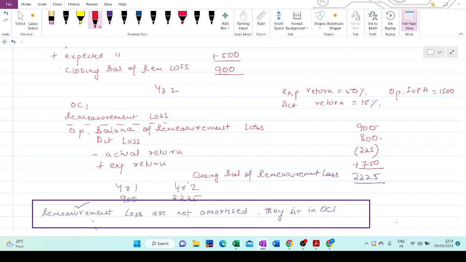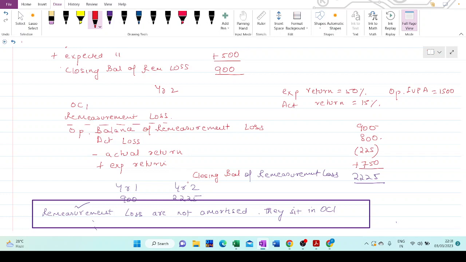So US GAAP says that if actuarial losses are too big, they need to be amortized in the income statement.